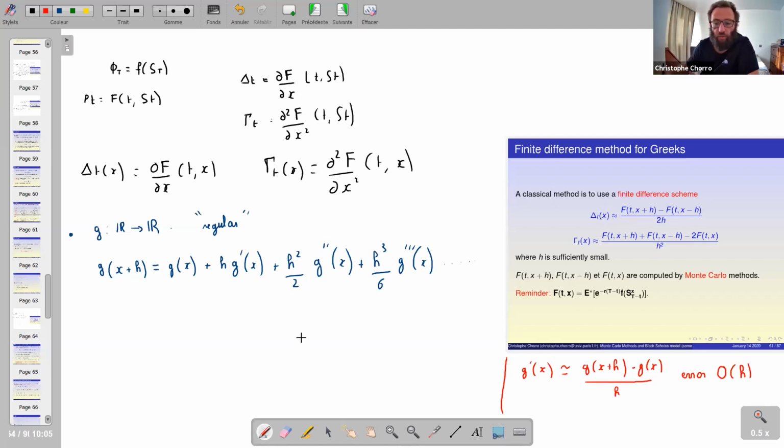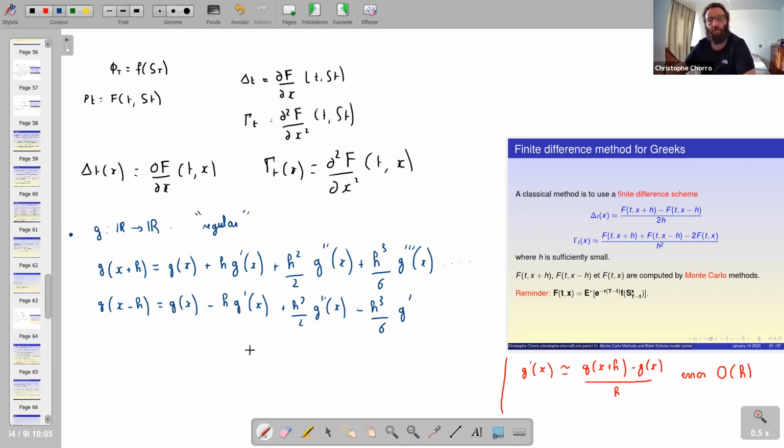But if I want to improve things a little, I can also write the following: that J of x minus h is equal to J of x, I write the Taylor formula this way, minus h J prime of x, plus h square over 2 J second of x, minus h cube over 6 J third of x, and so on.